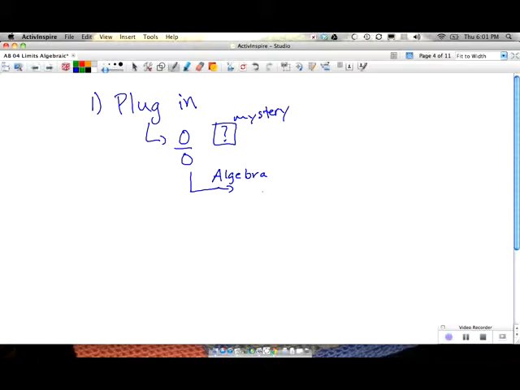Now, as long as it's a number over a number, and this denominator is no longer 0, then we're done. But let's say it's still over 0.